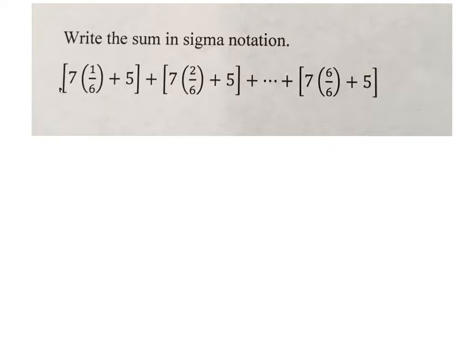So this will be our first term, and a lot of times in general, we say this is a sub 1. So when i equals 1, that would be this first part. Then we take a look, this would be when i equals 2, a sub 2.